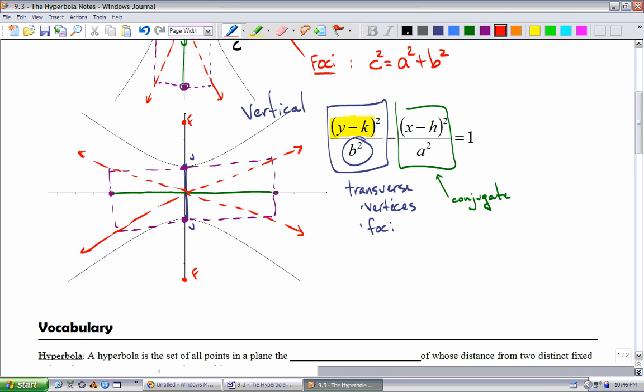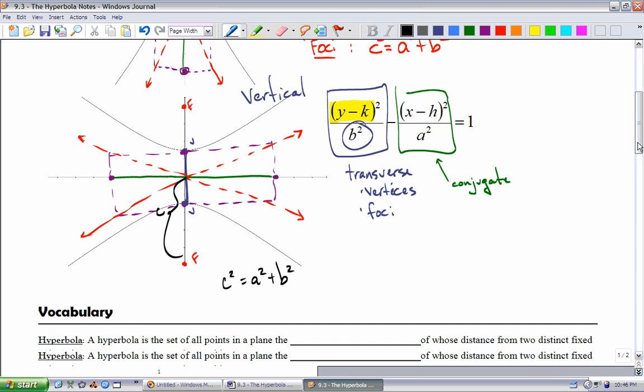And again, the distance C from the center to the focus, C squared equals A squared plus B squared. It's a lot to look at.